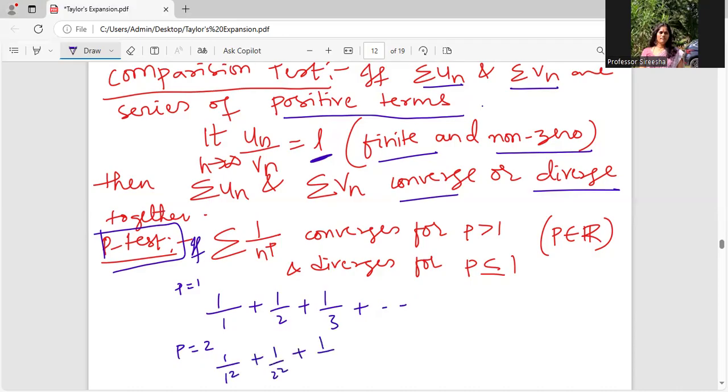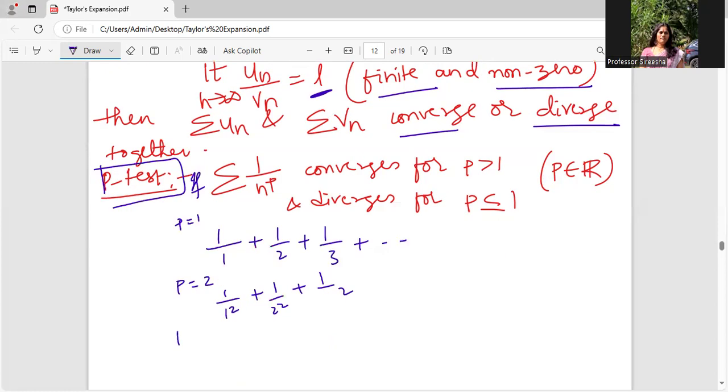If P is equal to 3, it would be 1 by 1 cube, 1 by 2 cube, 1 by 3 cube, and so on. This is 3 cube, not 33. So the series looks like this.